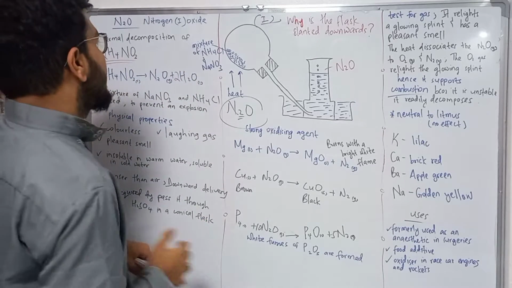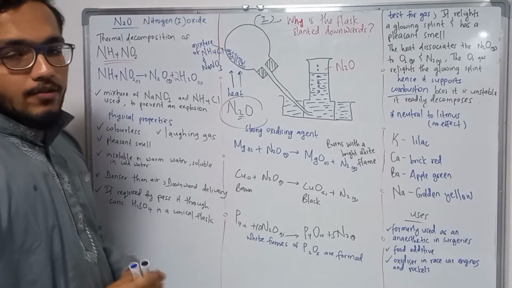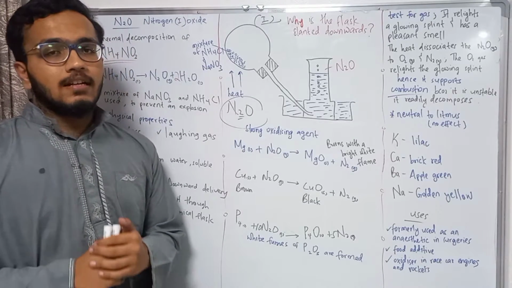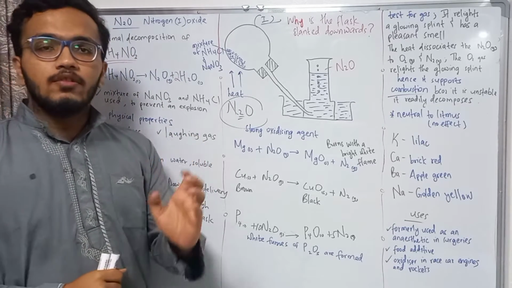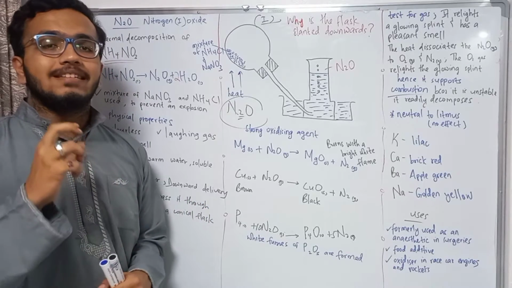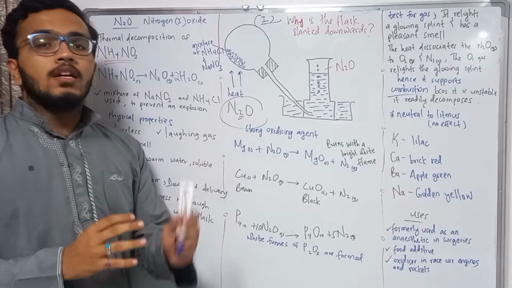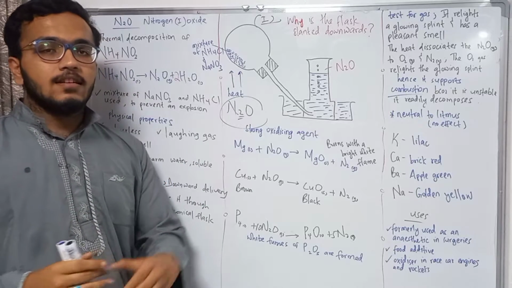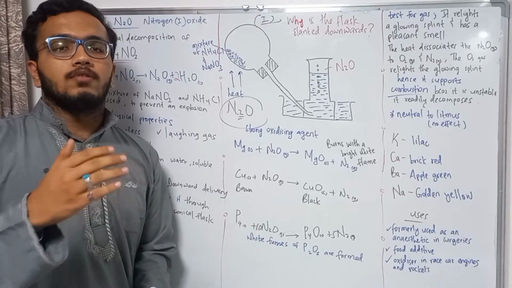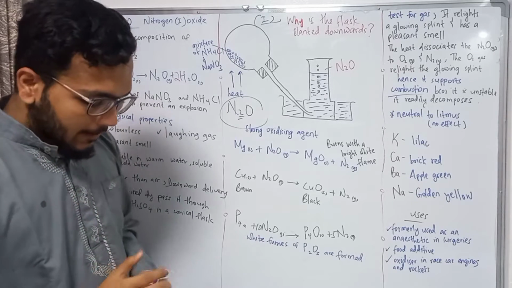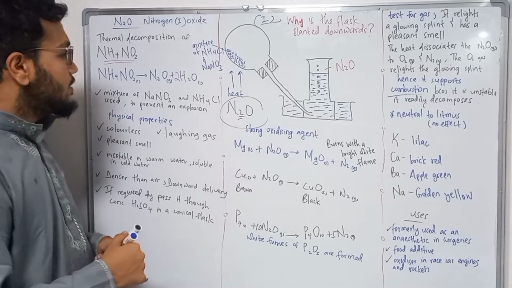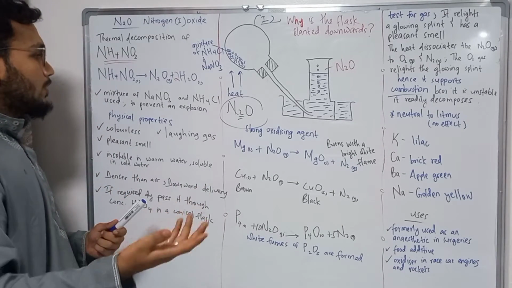Let's dive straight into it. How is it prepared? Nitrogen 1 oxide is prepared by thermal decomposition of ammonium nitrate. Now we talked of nitrogen being prepared by thermal decomposition of ammonium nitrite. So from nitrogen to nitrogen 1 oxide, instead of thermal decomposition of ammonium nitrite, you change it to thermal decomposition of ammonium nitrate. You use a similar mixture as the one in nitrogen, thus you change the nitrite with nitrate.